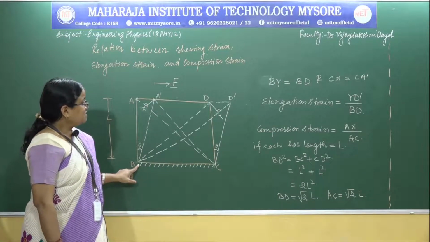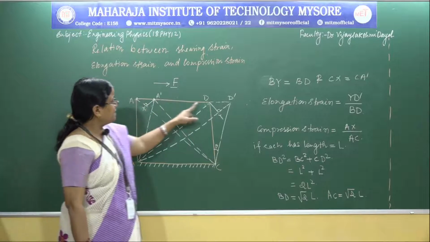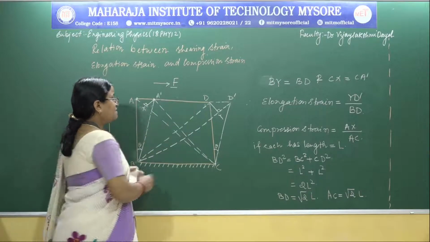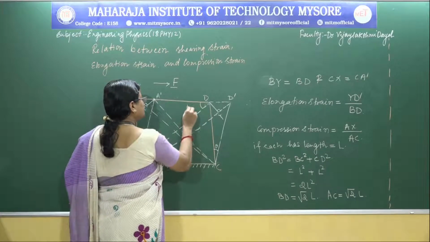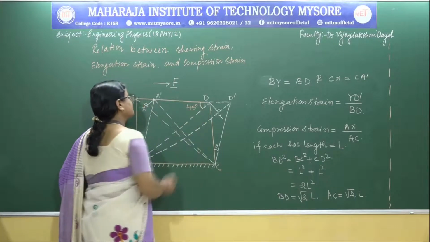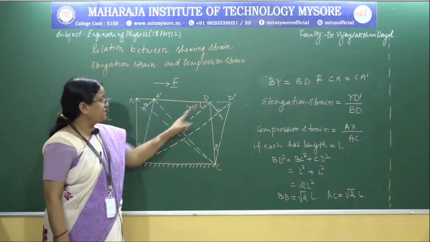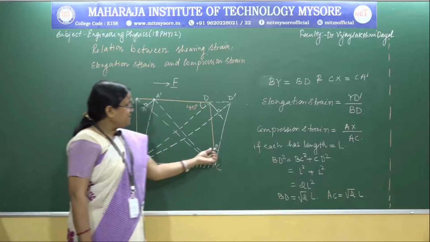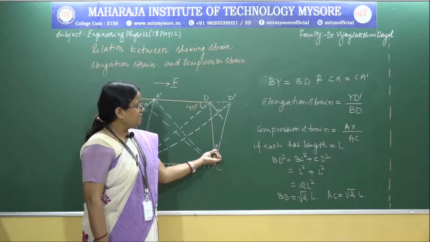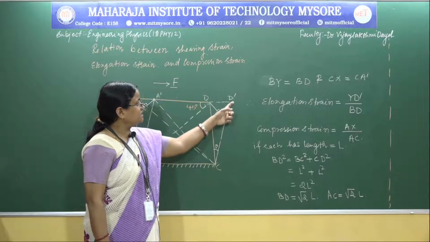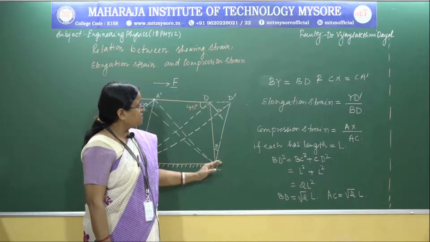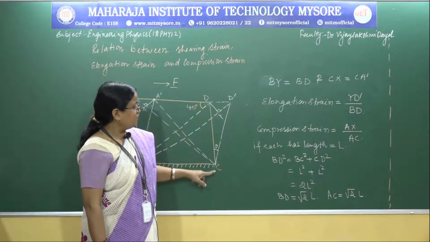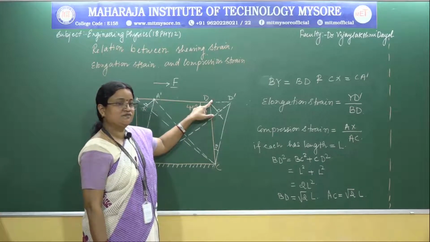So, if we consider the triangle ADB, we can say that this angle ADB is 45 degree. Now, as this theta is a very small change, we can consider that CD dash is overlapping on CD itself.